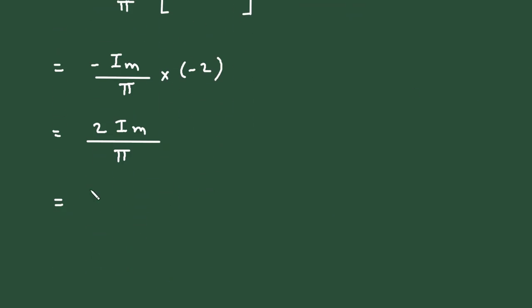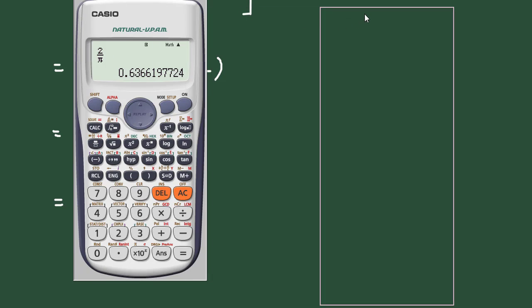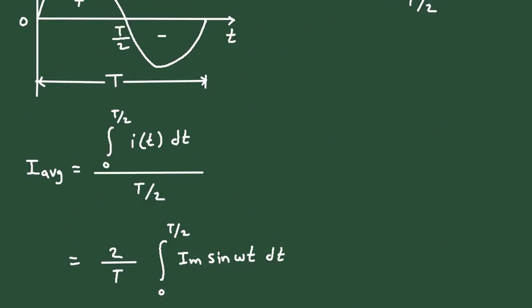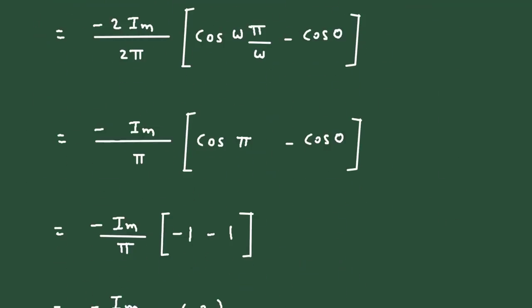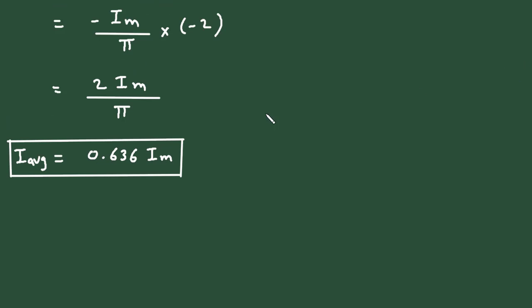Here we know that 2 divided by pi is equal to 0.636. So 0.636 into Im is equal to I average, where AVG stands for average. This is the final answer, and this is how the 0.636 came from. So this is the relationship between maximum current and average value.